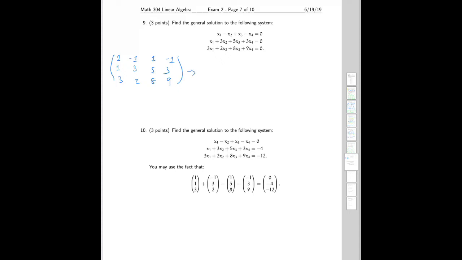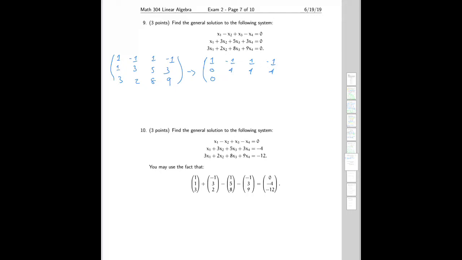So I'm first going to subtract row 1 from row 2 and 3 times row 1 from row 3. So the top row stays the same. 1 minus 1, 1 minus 1, 1 minus 1 is 0. Okay, 3 minus minus 1, that's 4. 5 minus 1 is 4. 3 minus minus 1 is 4. Okay, 3 minus 3 times 1 is 0.